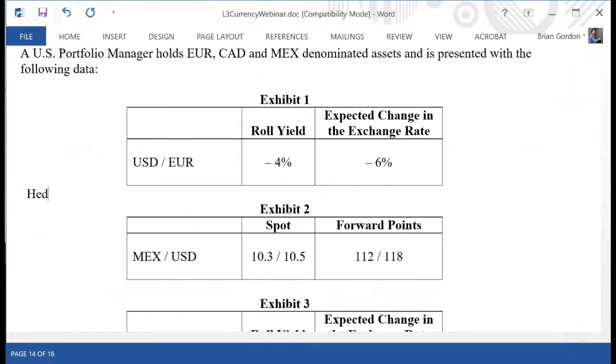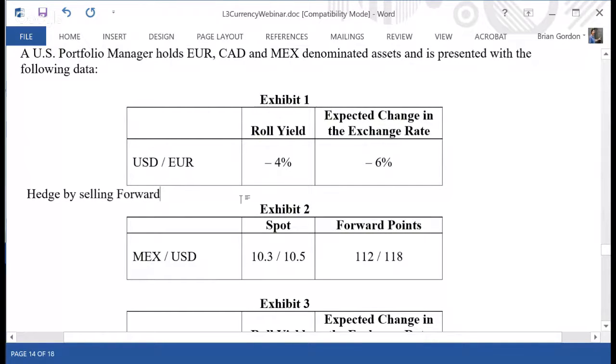We're going to hedge by selling this currency pair, by selling the forward. And why are we selling the forward? Because that means I'm selling the euro forward, which is what we want. So we're selling this euro forward, and now let's just look at this roll yield.